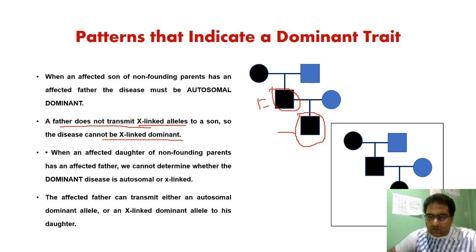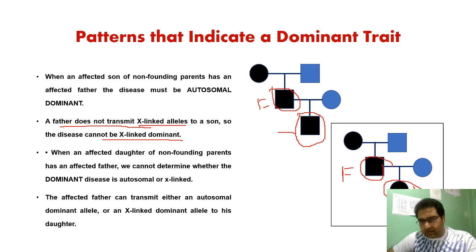In the second scenario, an affected daughter of non-founding parents has an affected father. If instead of the son it is a daughter, and the father is affected, we cannot determine whether the dominant disease is autosomal or X-linked.